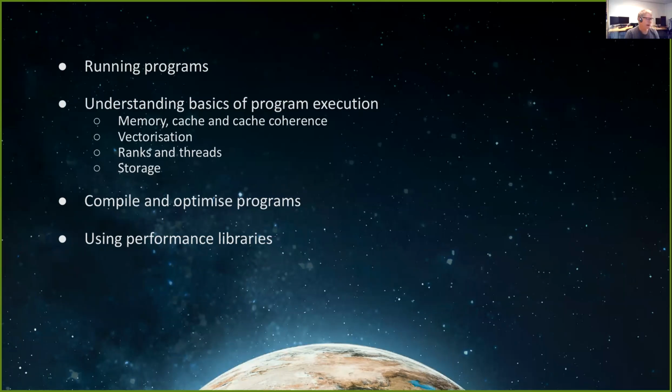So, understanding basics of program execution, memory, cache, and cache coherence. We already learned now that using the level 3 cache is excellent. And yes, it cannot be stressed enough that the computation normally needs data.